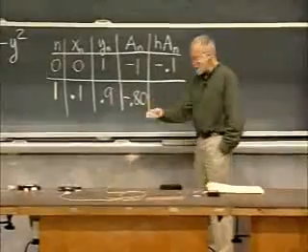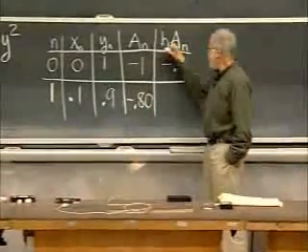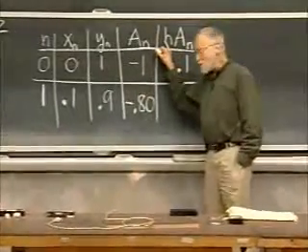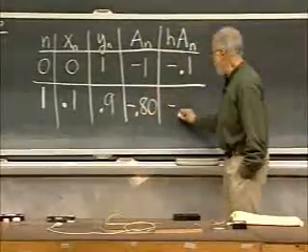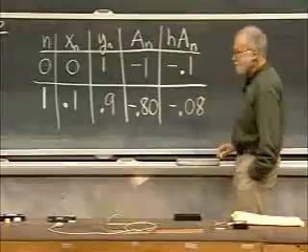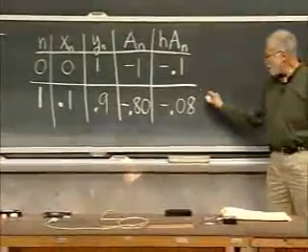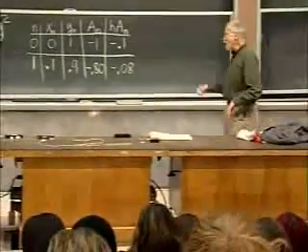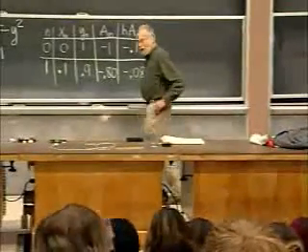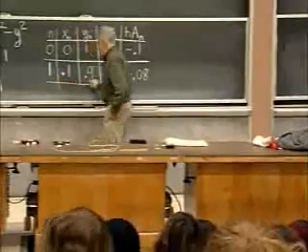Whip them out and press the buttons. I now multiply that by h, which means it's going to be minus 0.08, perhaps with a 0 after. I didn't tell you how many decimal places. Let's carry it out to 2 decimal places. I think that'll be good enough.